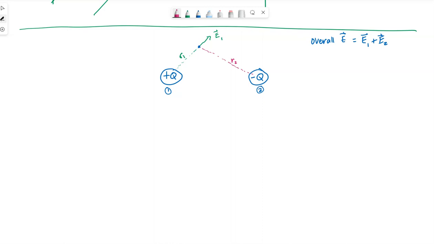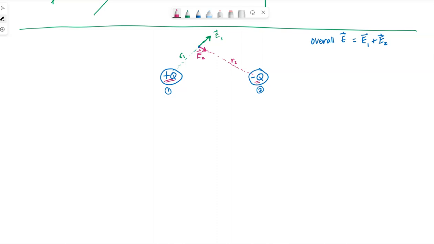So if I've drawn E1 with this length, when I draw an E2, the electric field due to charge 2, I need to draw a shorter vector. Because this charge 2 is negative, the electric field would point directly towards it. So those are some of those general rules. Electric field lines point away from positive charges and towards negative charges.